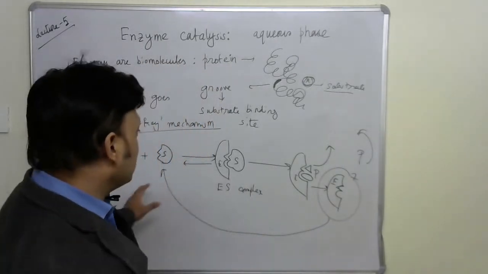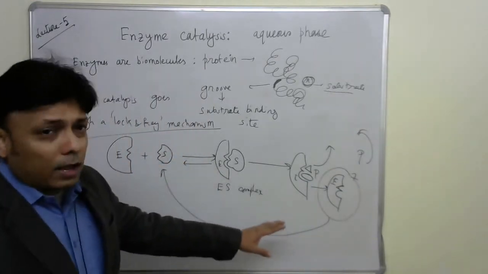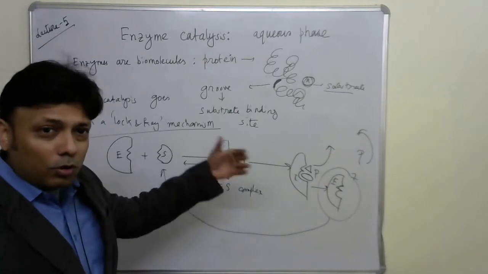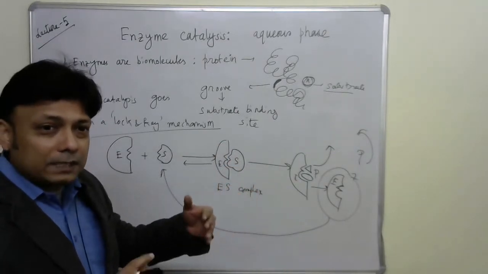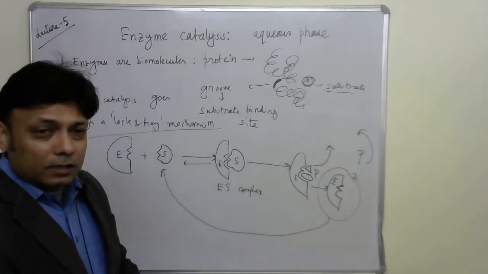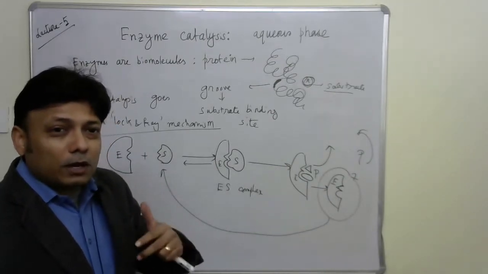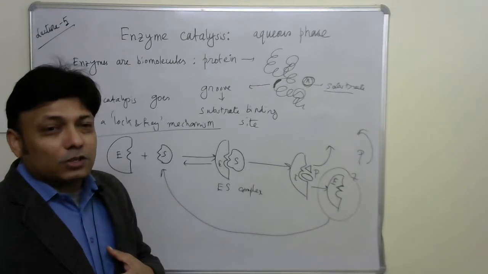So let's erase the board and let's start a little bit more about the mechanistic aspect of the enzyme substrate reaction in terms of whatever chemical kinetics knowledge we gained so far.